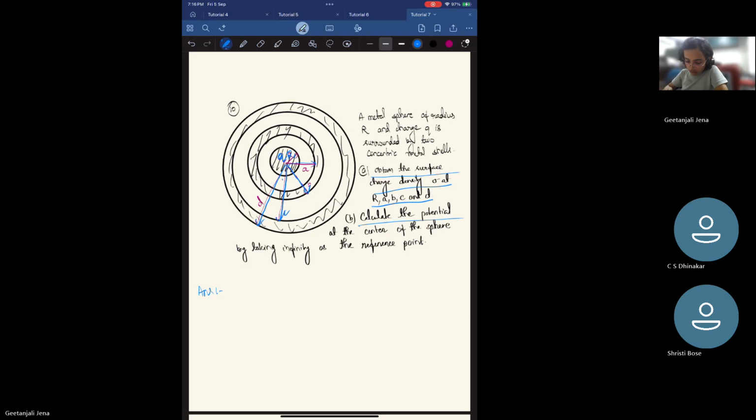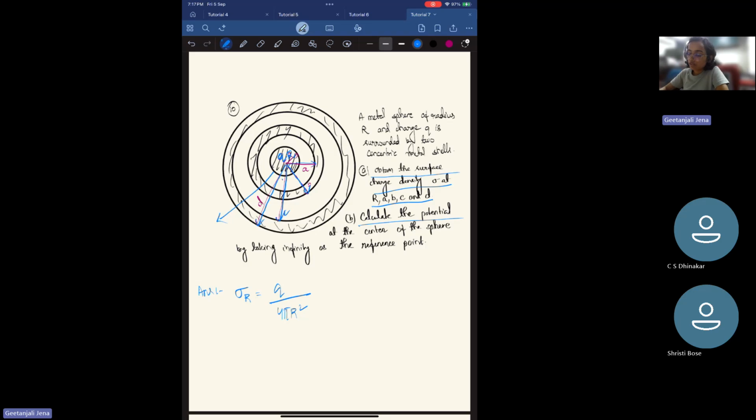So let me ask, what will be the surface charge density in the metal sphere? Sigma r. What is the charge? This is Q, right? This will be Q by 4 pi r squared.